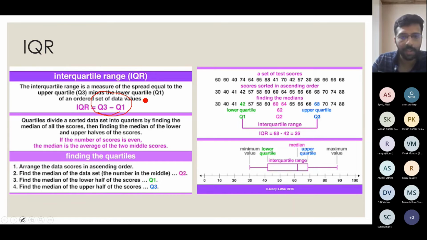Suppose I have some data here. First thing, it is not sorted. So the first step is to sort that data into ascending order. The second thing is to find Q1. Here also I will follow the same way. I will divide my data into two parts. With an even total, I take the average of 60 and 64, and that will be my Q2 or median.